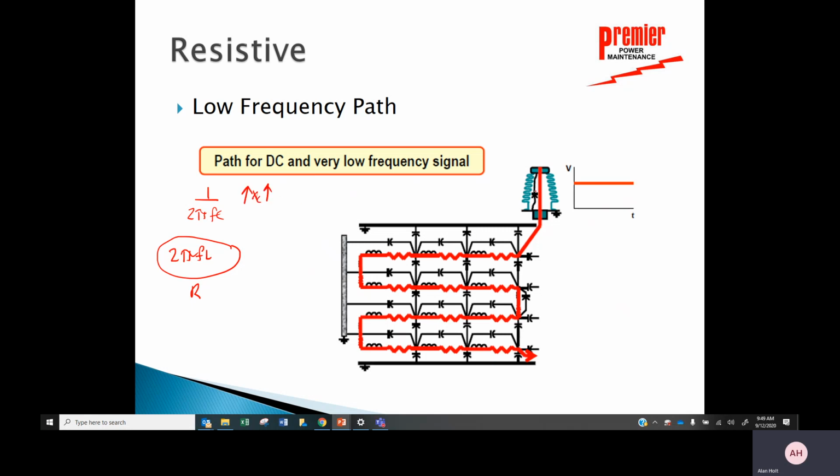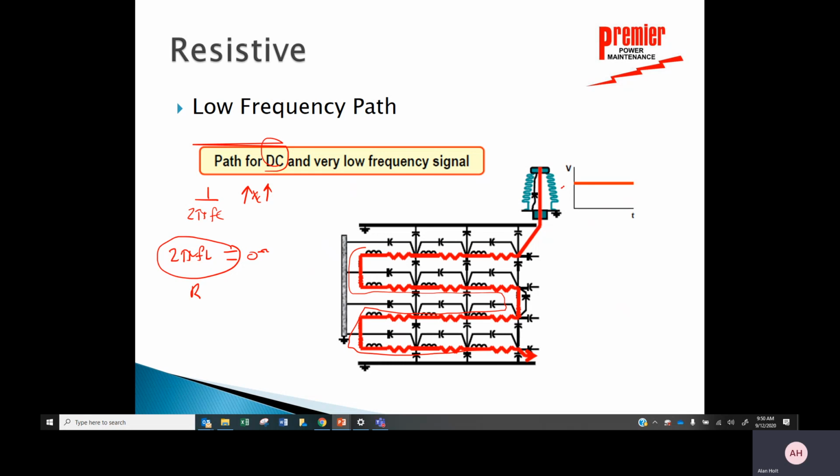So any capacitance, I wouldn't want current flowing through. It can't go there. At DC, I'm going to see that this is going to be basically 0 ohms. So basically, those inductors just disappear. And so at very low frequencies, all I'm going to see are the resistors going through this network. So the path would be like this.